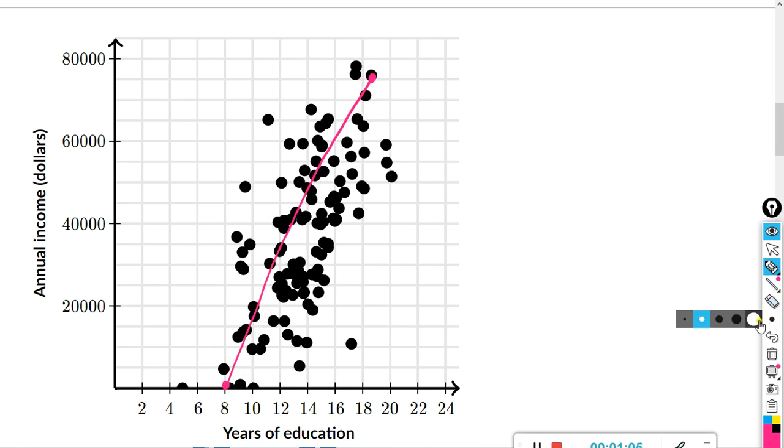Roughly speaking, it doesn't have to be exact, like I said.